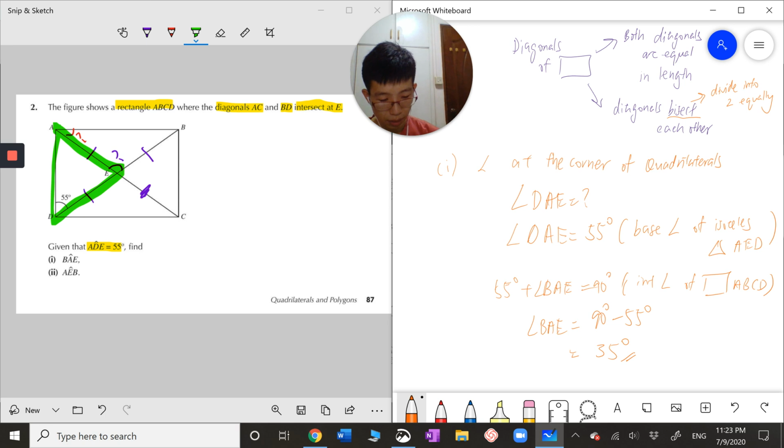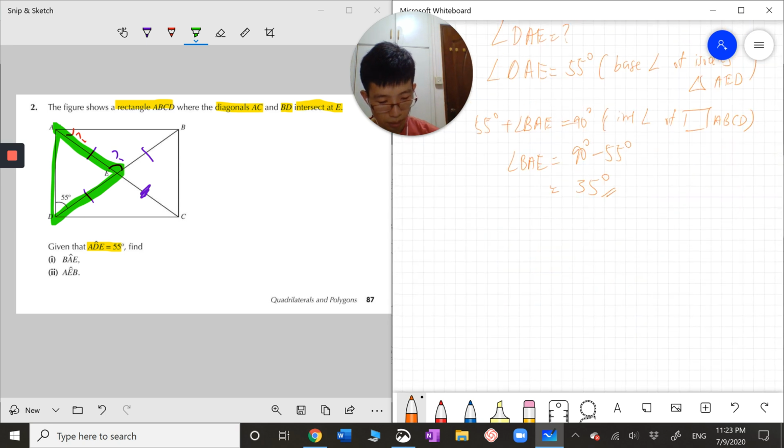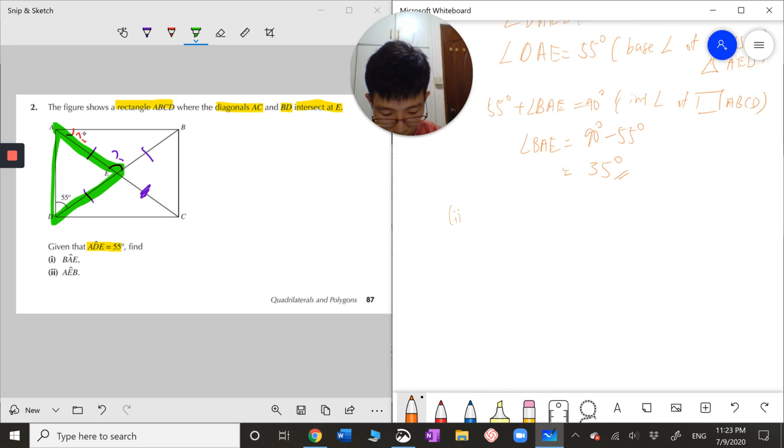Part 2. For part 2, I'm trying to find out what is this angle in the middle. Since I'm seeing a triangle here, that means I can make use of a triangle property. And since I know that this is a special triangle called an isosceles triangle, I can make use of the same property too.